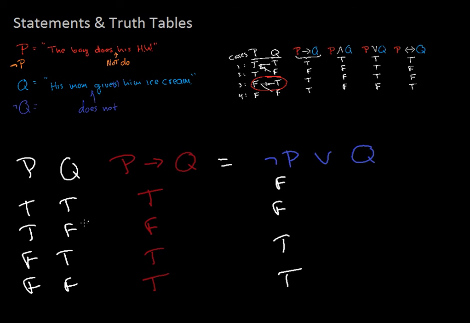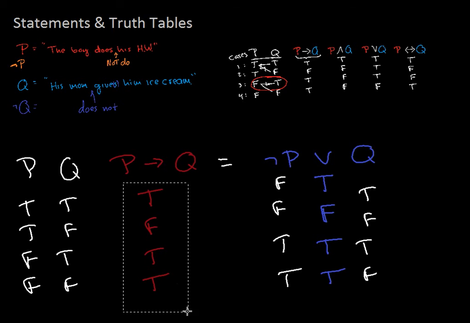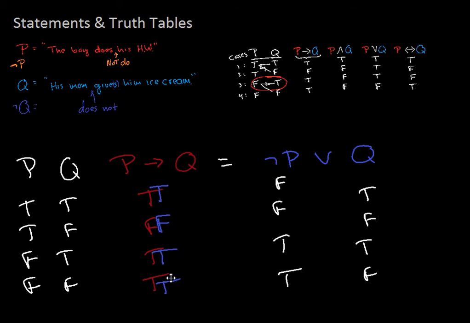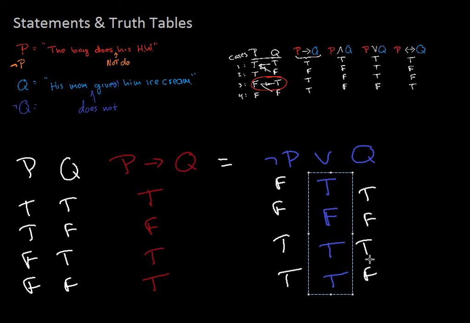And Q is the same thing as this, so we don't even have to rewrite it. We can just copy and paste it right there. Now, false or true, that is true. False or false, that's false. True or true is true, and true or false is true. And as you can see, the method has upheld. Once again, these two have proven to be identical.